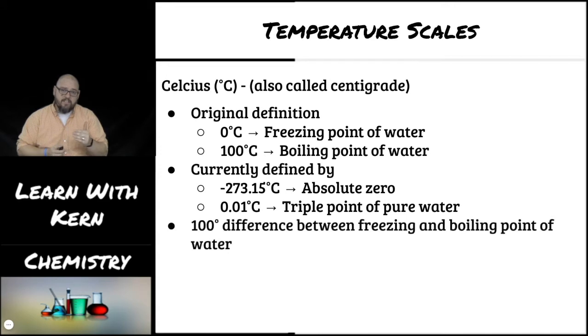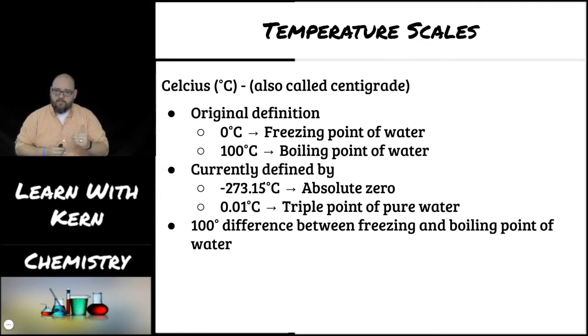Now, on the Celsius scale, though, there is a 100-degree difference between the freezing point and the boiling point of water. So we've redefined how we measure the Celsius scale, but what it actually is hasn't really changed. The size of a Celsius degree, those levels, those gradations between temperatures, is still 100 grades, 100 levels between freezing and boiling of water.